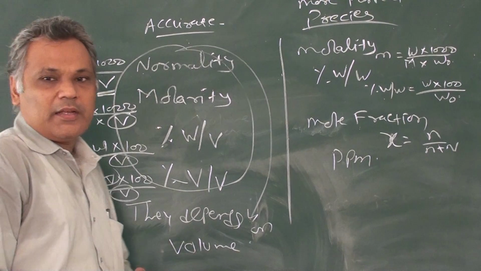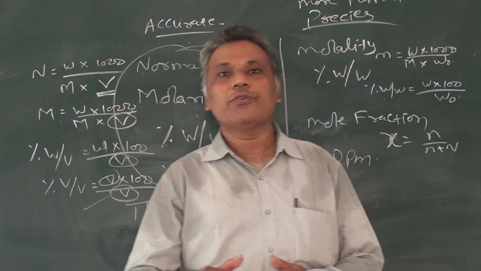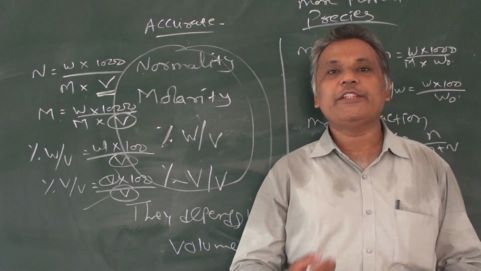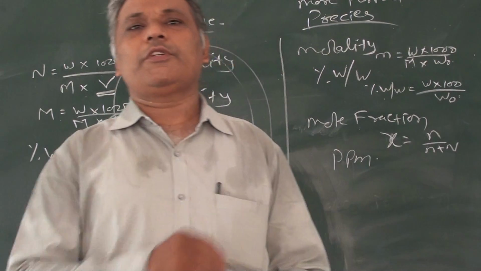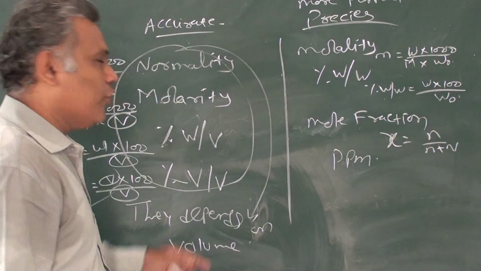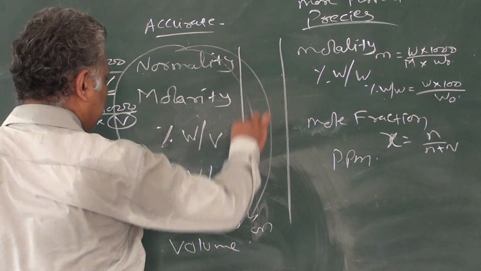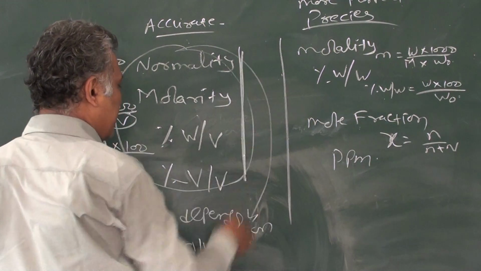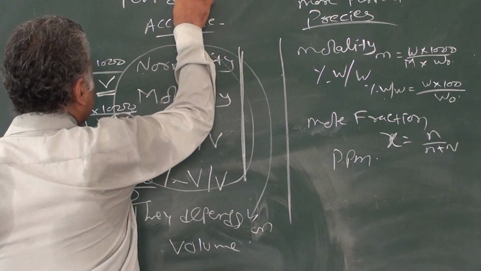Every time we know that in the laboratory temperature cannot be fixed. So we are going to get a change in the temperature, and every time we get the change, concentration will change because volume changes. And that is why all these units are considered to be temperature dependent.